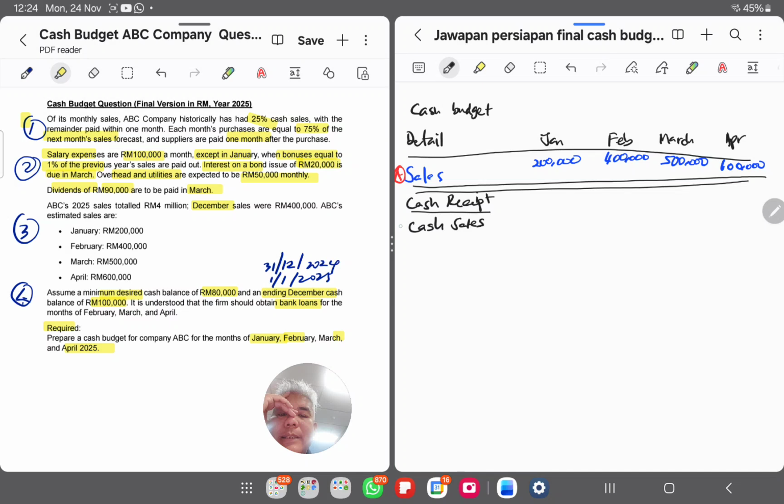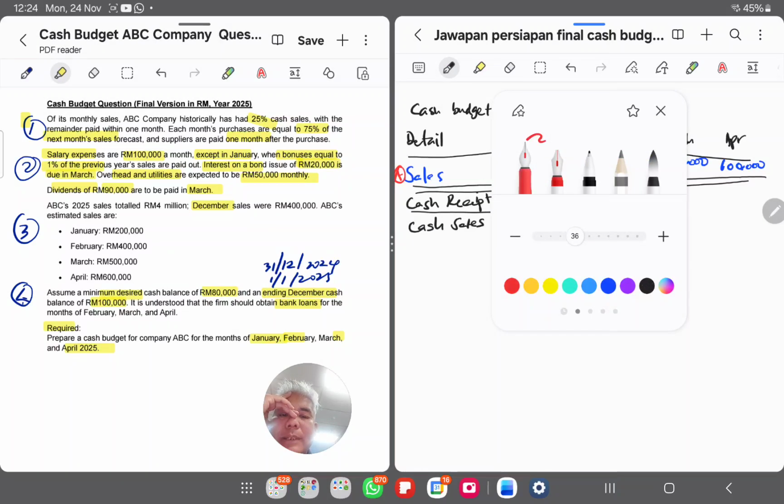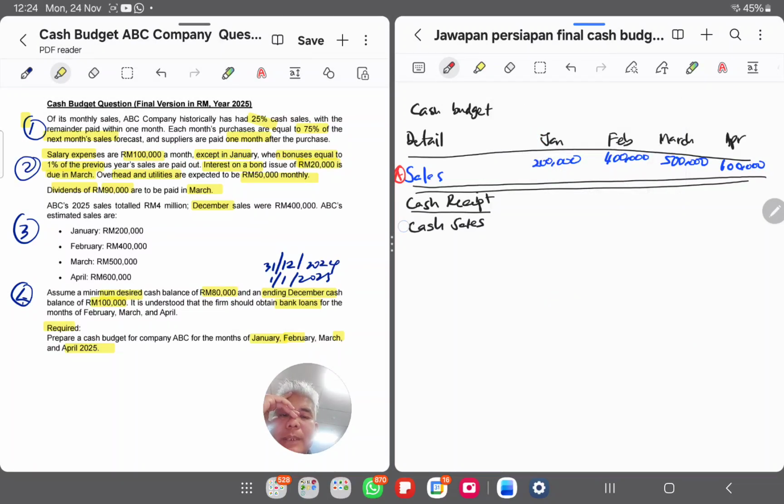So cash sales will be B. The cash sale is 25% cash sale, so you have to times 25% here.